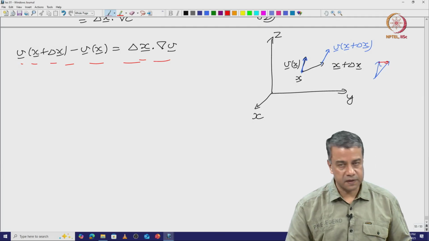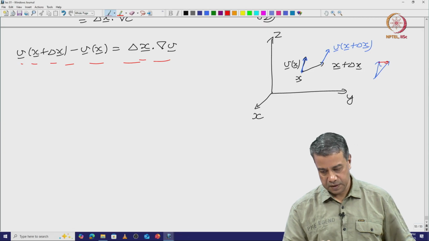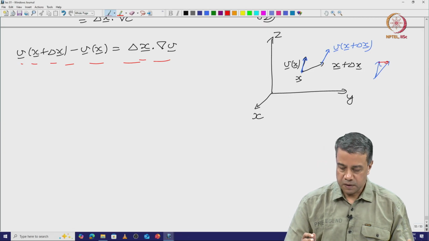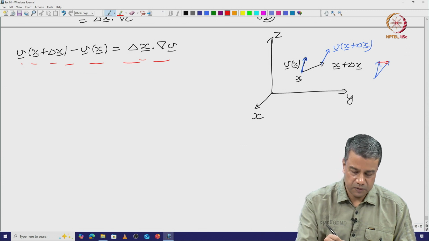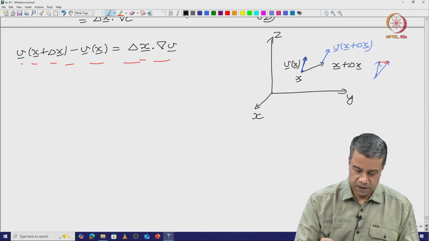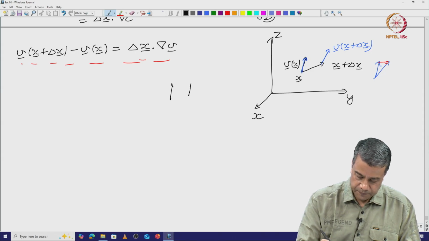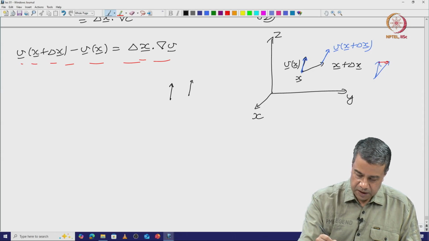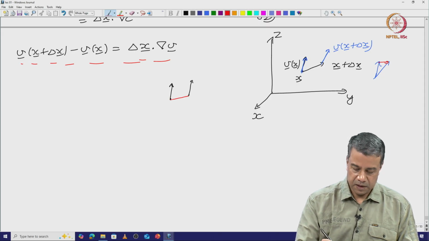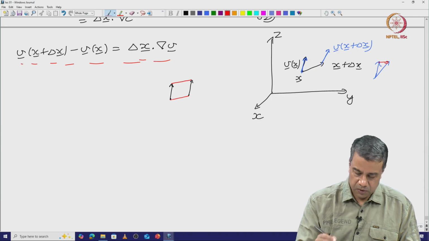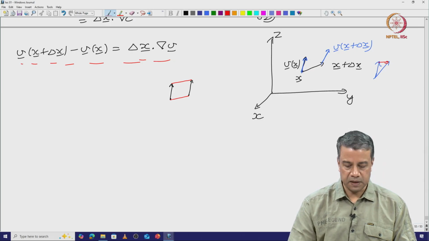And why is this difference important? This difference is important because if the velocity at both locations were equal, consider the case where the velocity at these two locations are exactly the same. That means that this material line element between these 2 points translates to a new position, but there is no stretching or rotation of this material element.